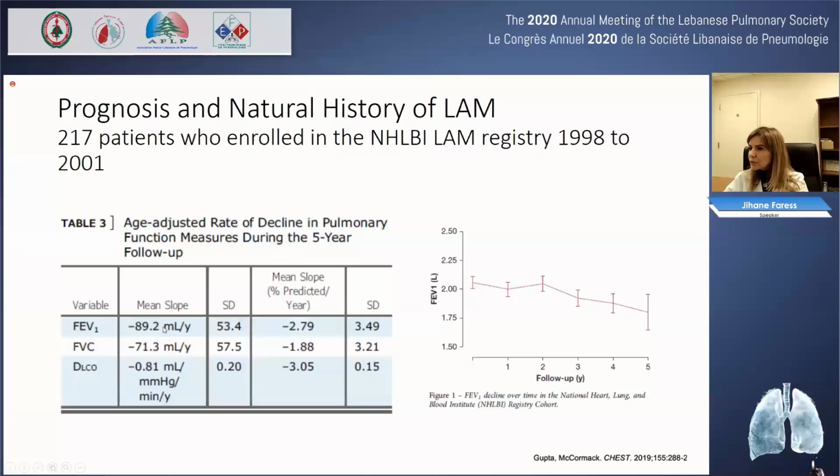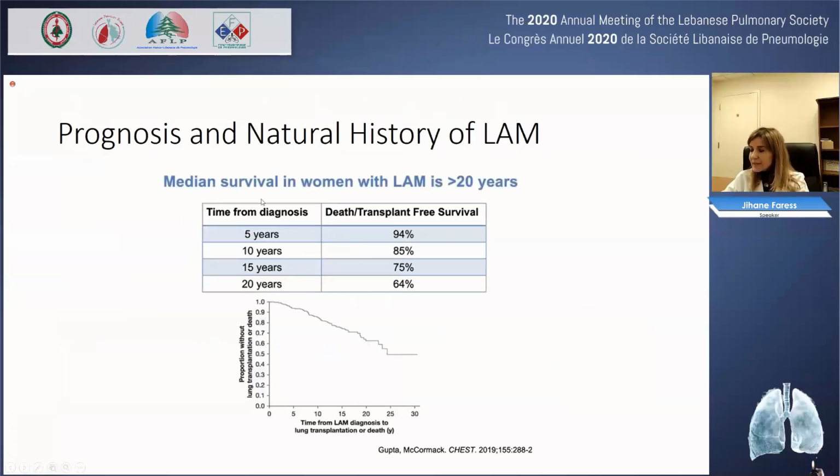So if a normal healthy person drops about 25 to 30 per year, that's about 3 times the rate. And when they looked at the median survival in this untreated cohort of patients, they found that more than 50% of the patients are alive after 20 years from diagnosis.